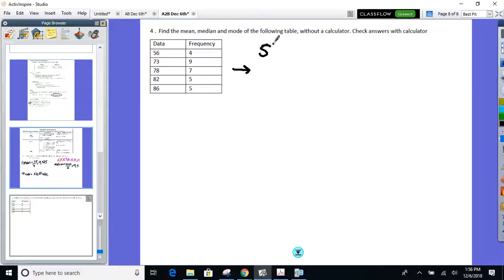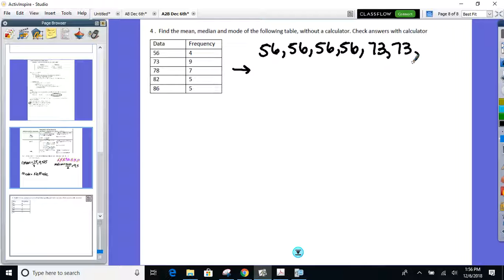Yeah, so if I had you write it out, we'd be doing 56, 56, 56, 56. And then how many times does the number 73 occur? Yeah, I'm already tired. I'm done. And then punch it in, punch it in, and divide. All right, and then cross them out, cross them out. What's the middle one? Takes too darn long.